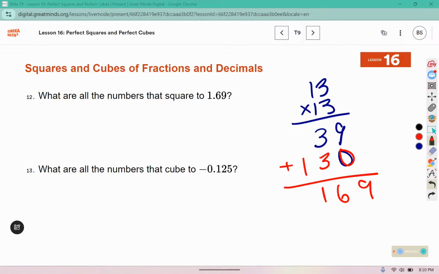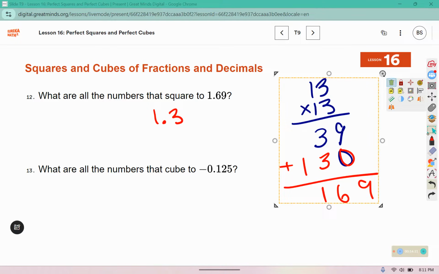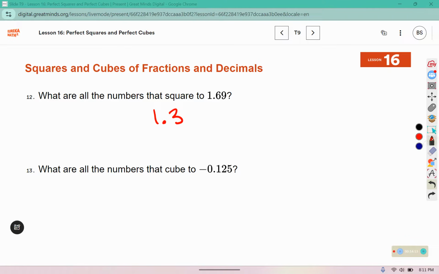But that's 13. So in order to get 1.69 instead of 169, we would use 1.3. In the square scenario, a negative times a negative also makes a positive. So we can have positive 1.3 or negative 1.3.